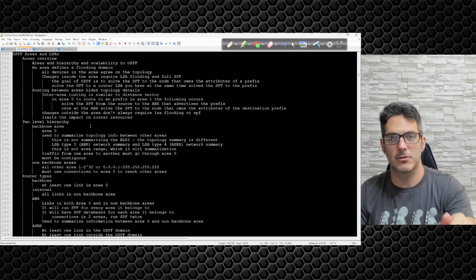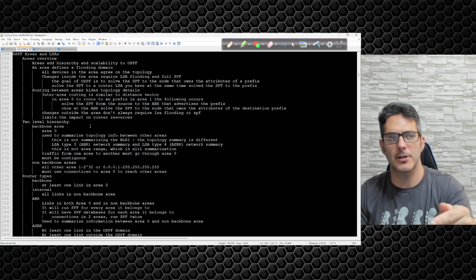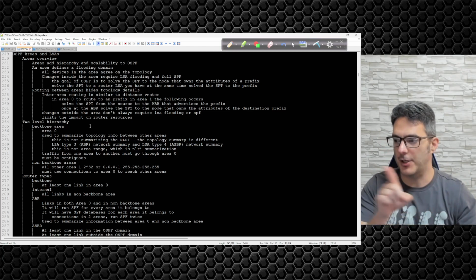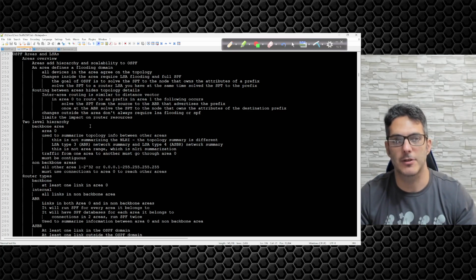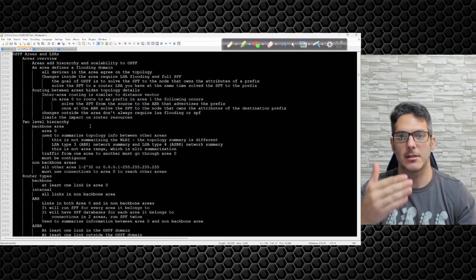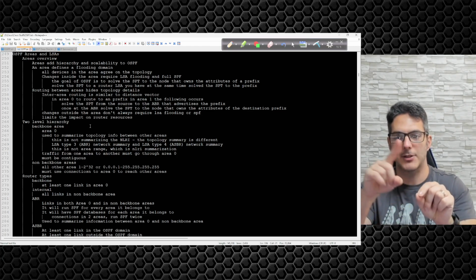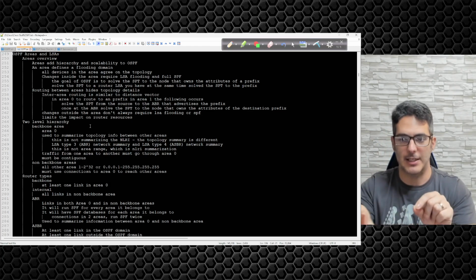I solve that path based off SPF. I solve whatever that is to the area border router. By solving that path, figuring out what routers I need to go to in order to get there, once I get to the ABR, the ABR will then be like, okay, you need to go over there. And it'll point me to the next router ID that I need to figure out, and the next router LSA. So I can solve the shortest path tree to the ABR. The ABR has already solved the shortest path tree to the router that owns the LSA. And so then I just have to get to him.